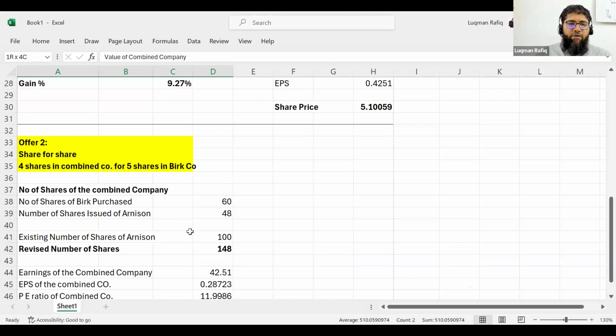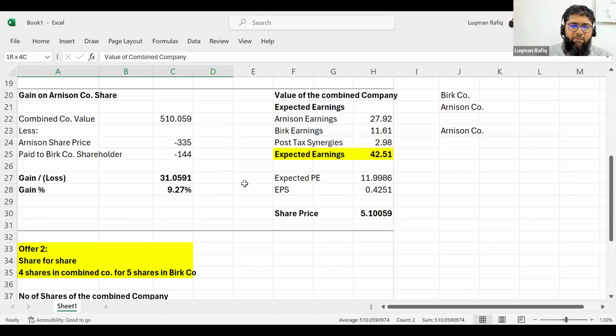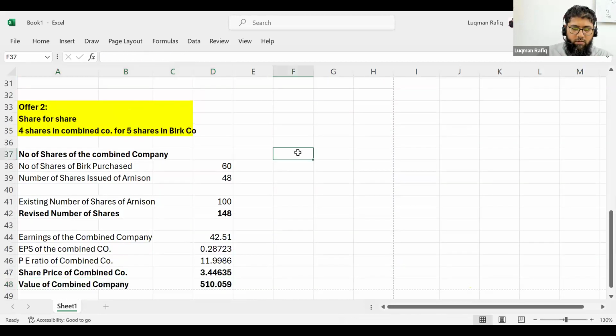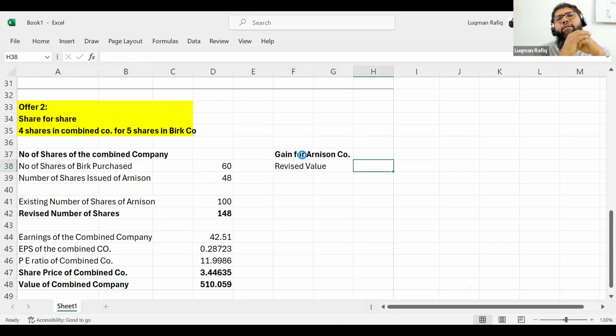Okay, now we need to calculate the gain for Arnison company and the gain for Burke company. Gain for Arnison company shareholders, revised value. Out of the 148 million shares, 100 million are owned by the original shareholders of Arnison and 48 million are owned by the shareholders of Burke. Do you understand this?